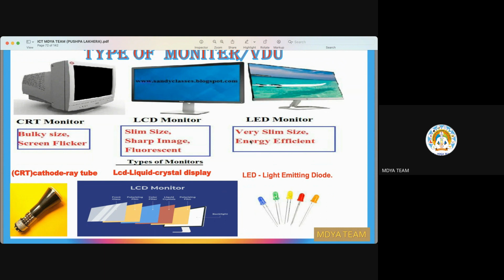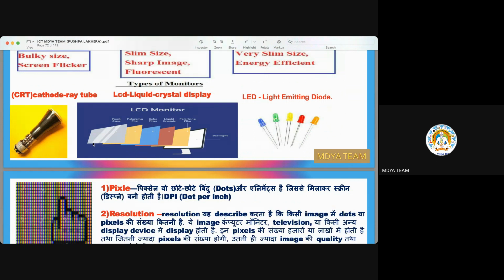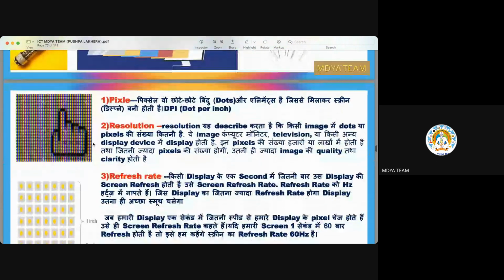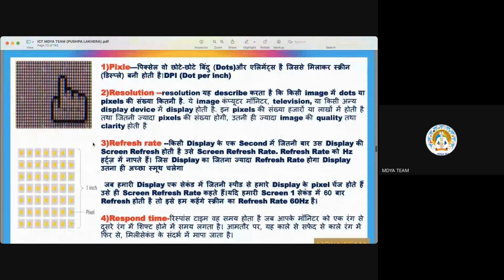And in the case of LED, light emitting diodes are used. There are so many LEDs in LED monitors. They are very slim and energy efficient. Very little power is required compared to CRT. You will receive very sharp images on such flat screen displays.